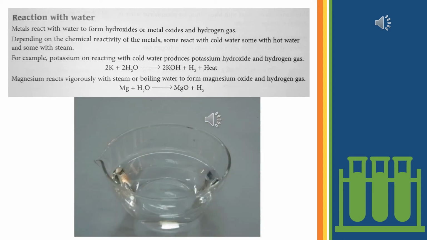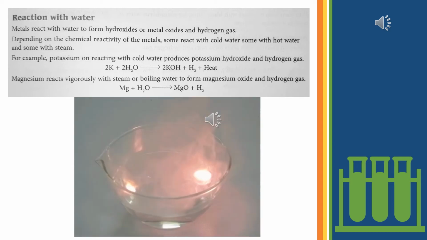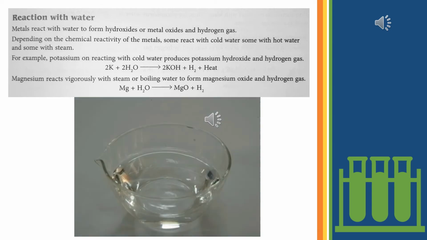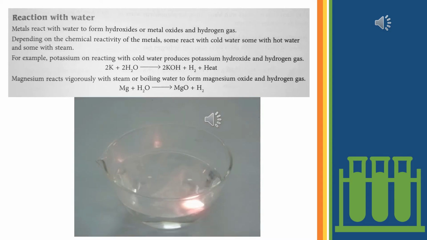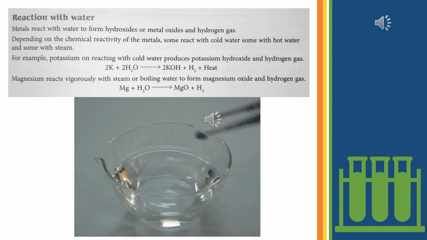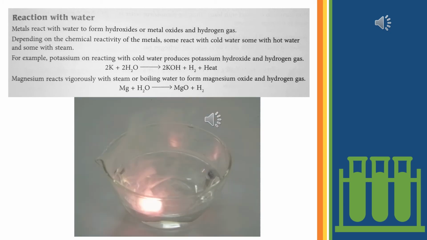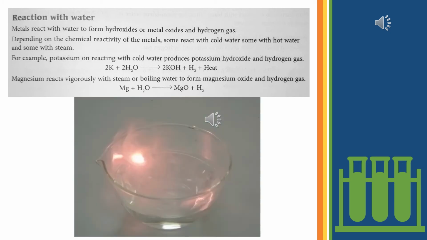Depending on the chemical reactivity of the metals, some react with cold water, some with hot water, and some with steam. For example, potassium, on reacting with cold water, produces potassium hydroxide and hydrogen gas. That is 2K plus 2H2O gives 2KOH plus H2 plus a huge amount of heat.